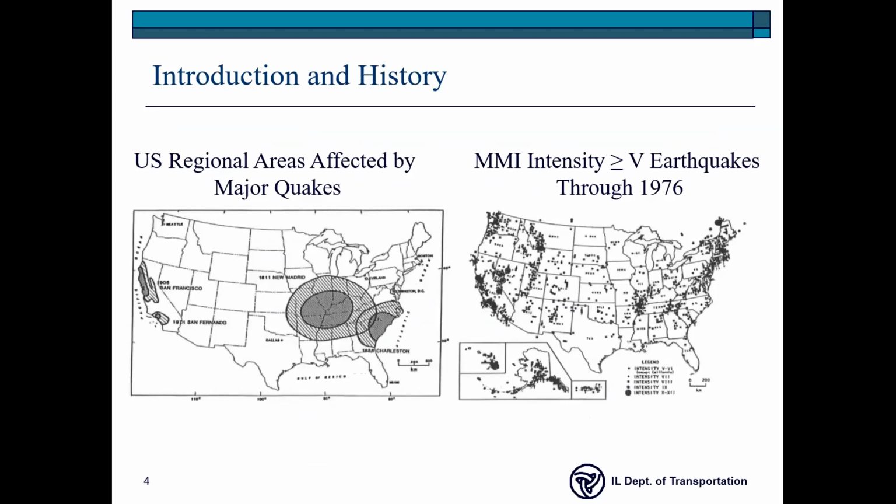I won't focus too much on the map on my right; that's showing the MMI intensity, which means modified Mercalli intensity, because a lot of it shows a whole bunch of earthquakes with magnitude 5 or greater. A lot of those are pretty small earthquakes; 5 is really not that big. But you can see there's a lot of earthquakes on the West Coast, actually a fair amount on the East Coast. But the really big ones on the left side of your screen have really come from the New Madrid Fault.